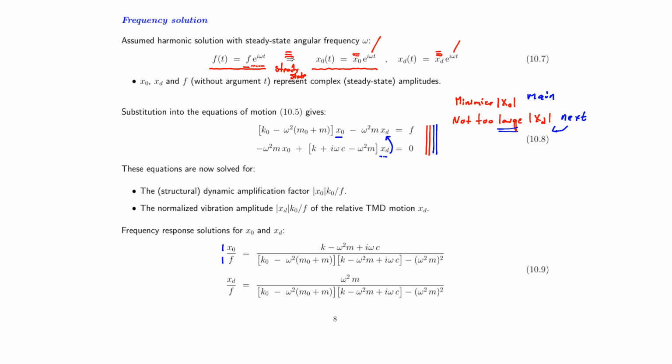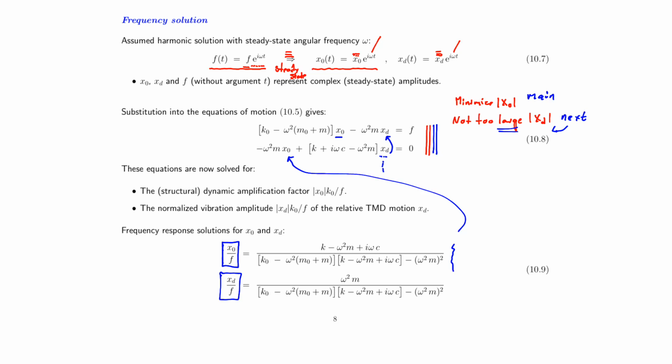So we isolate x0 on the left hand side and keep all other terms on the right hand side, and then we divide by f to get the ratio between response amplitude and force magnitude. And that provides us with the frequency response function of our structural degree of freedom. Then we can plug this expression back into the second equation here to eliminate x0, and then we can find xd, and this expression looks like at the bottom of the slide in equation 10.9.